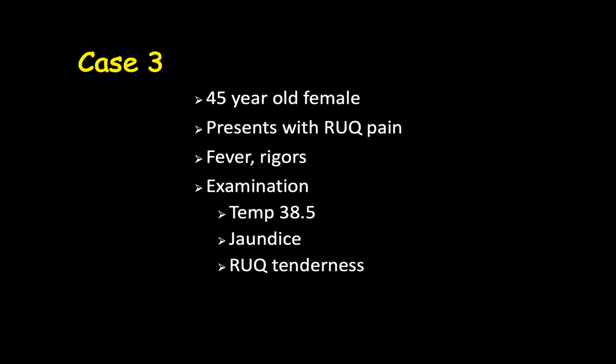The third case is what one would consider more straightforward, a 45-year-old female with right upper quadrant fever and rigors. And she, again, was jaundiced to the surgical eye. So that means her bilirubin was at least over 70. And she had right upper quadrant tenderness.